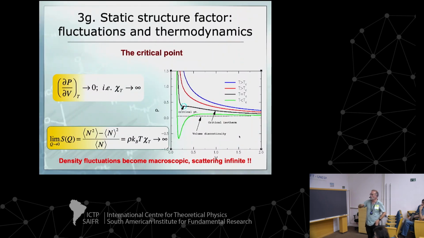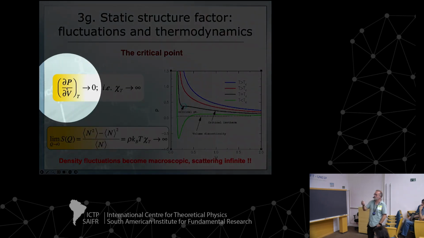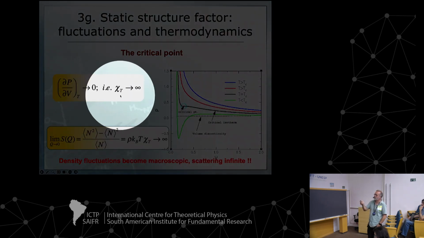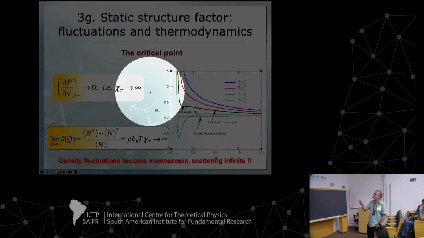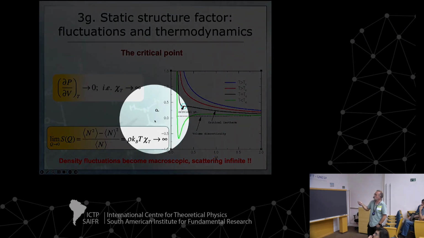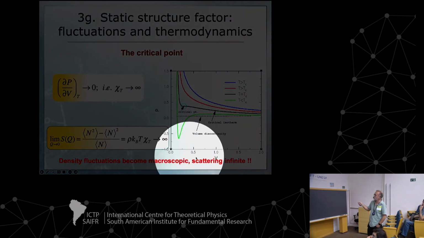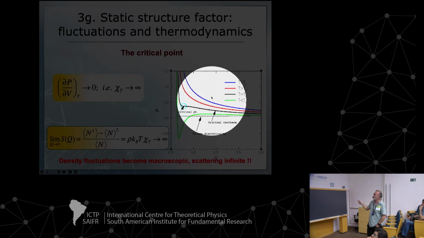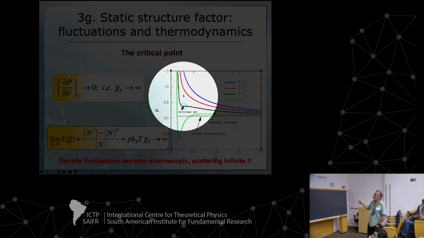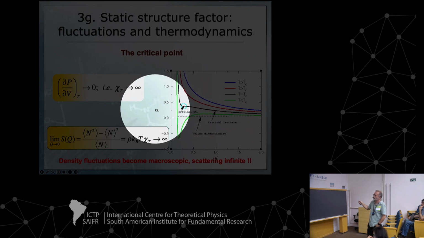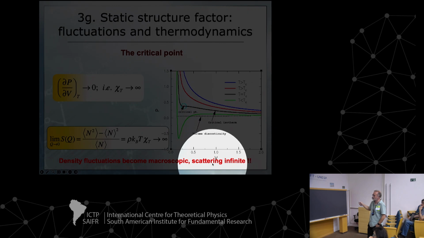If we now go to thermodynamics, there is a point where this derivative goes to 0 and the compressibility goes to infinity. Now we look at the equation of state, P versus volume. That's the standard for a gas. It goes this way, and here you reach a point where this becomes flat. That's the critical point, where the derivative of P with respect to V is 0.